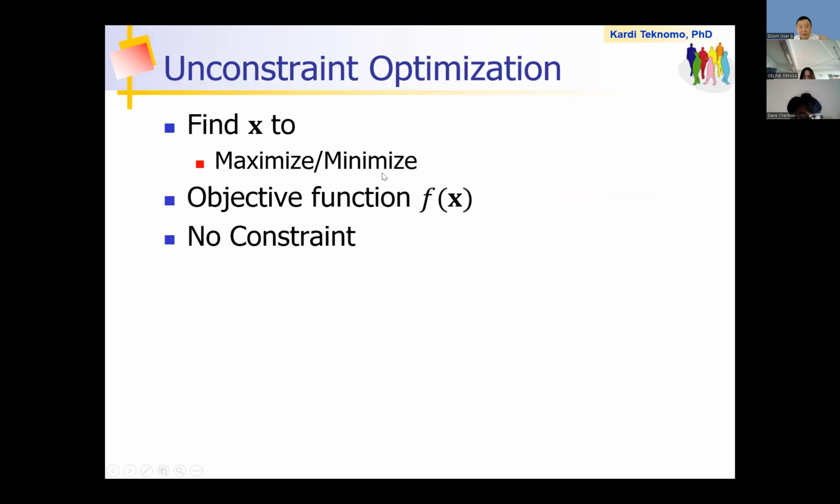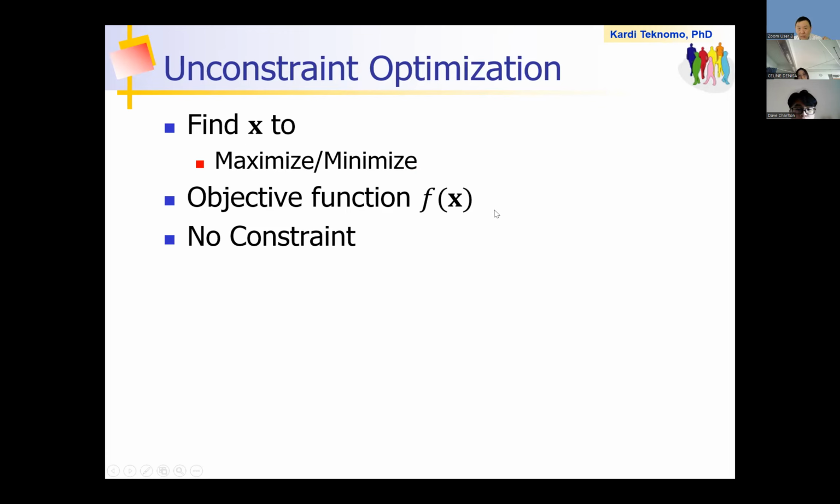Now, first, this is called unconstrained optimization. What you want to find is this vector x in order to maximize or minimize a certain objective function, and you have no constraint.